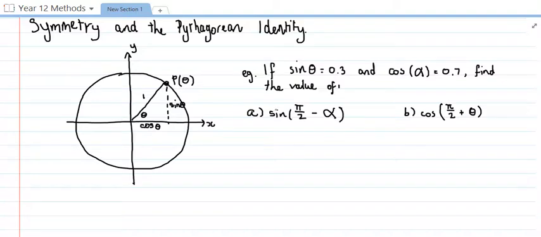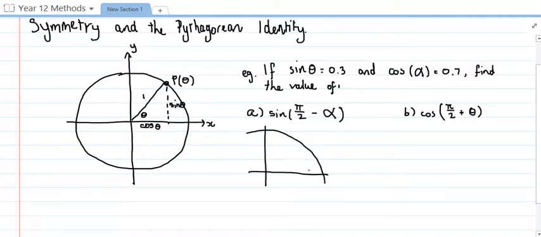Now this question here is asking us for sine of pi on 2 minus alpha. So I already know that I'm dealing with the alpha part of this. I'm going to just draw a very rough sketch of what this looks like. Imagine the unit circle going around like this, and cos of alpha is 0.7, so that means the horizontal component is 0.7.